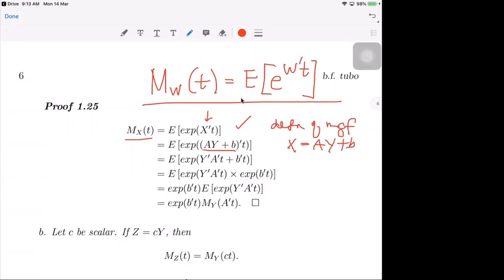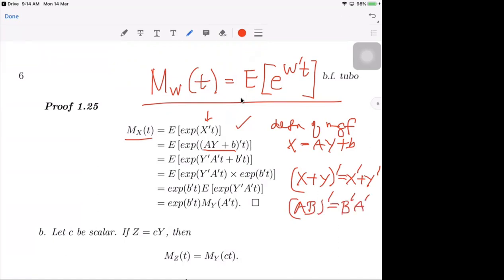And then if you apply the prime, again, (X plus Y) prime is equal to X prime plus Y prime, so linearity of transpose. And (AB) prime is equal to B prime A prime.